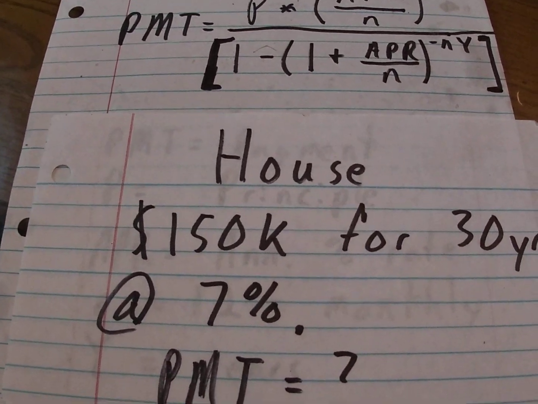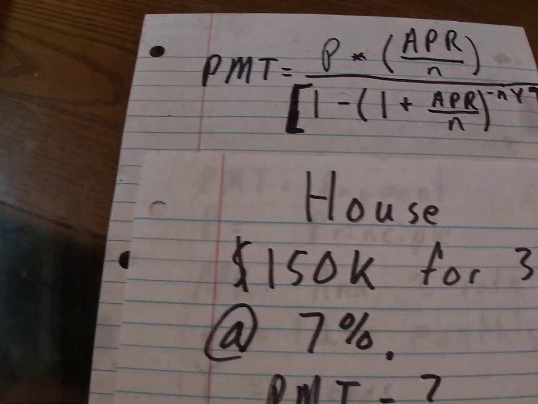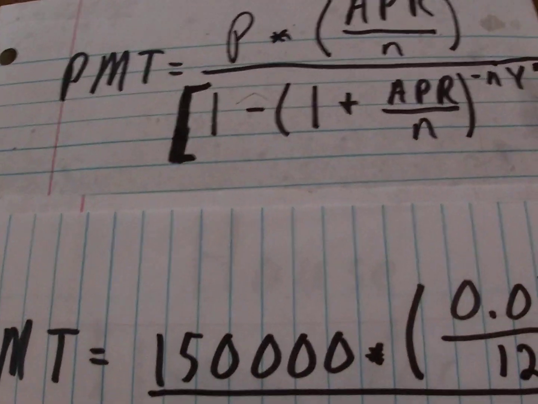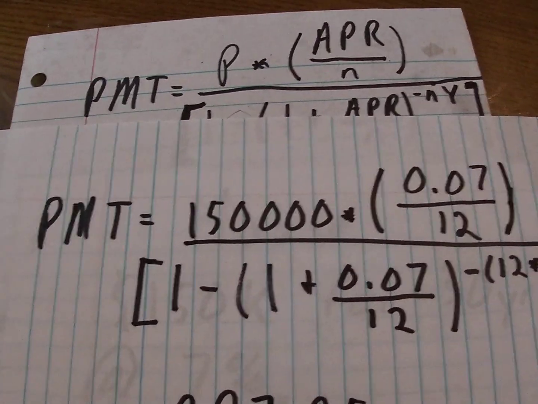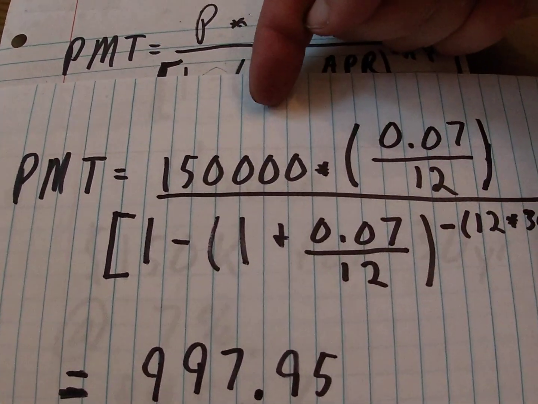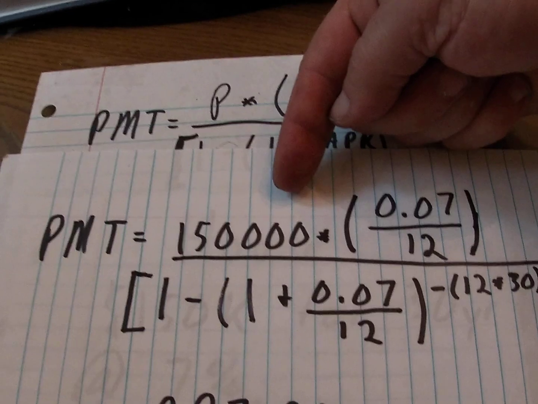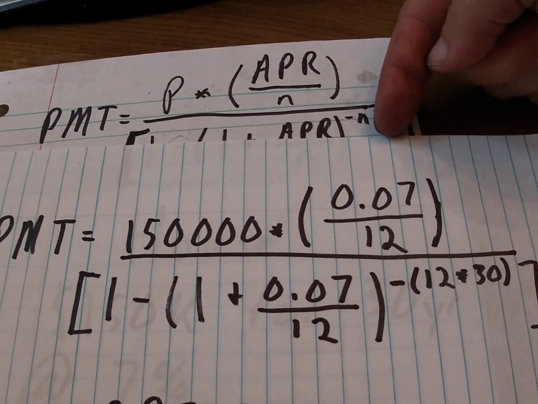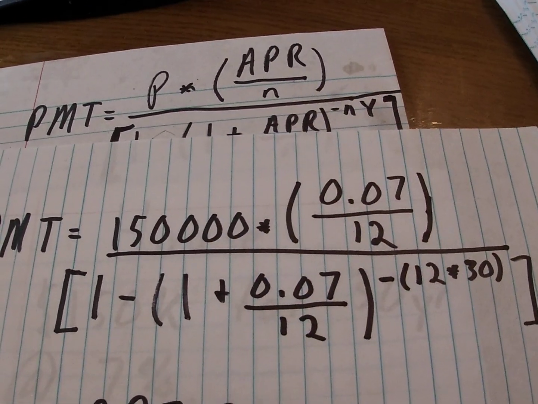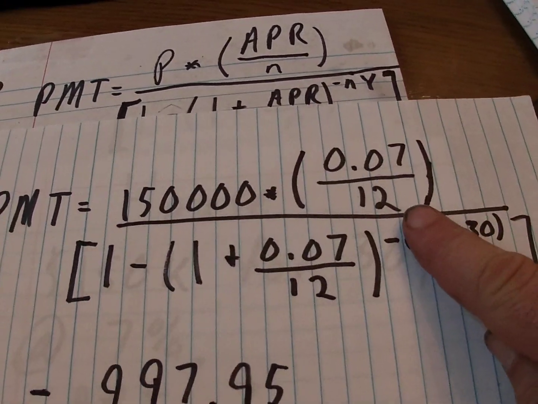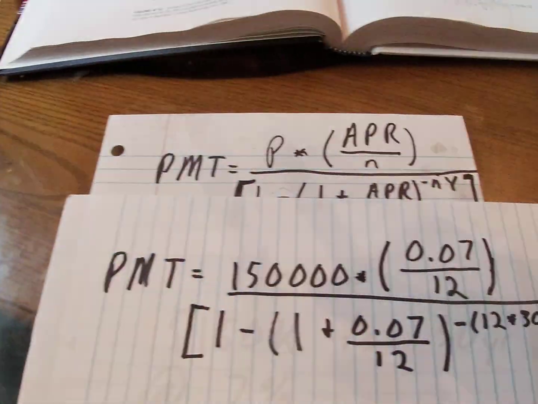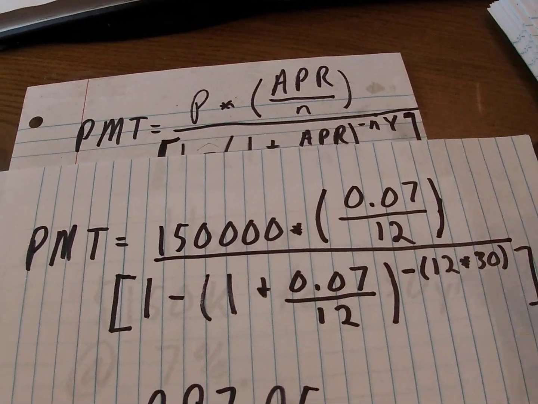Once you've written down what you're given, you just take the formula that you want and substitute into it. Your principal was $150,000. Your annual percentage rate is 0.07, and then the number of compounds is 12.